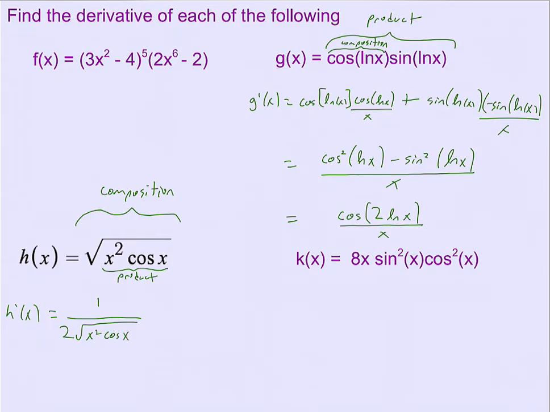times the derivative of the inside, and it's the derivative of the inside where we have to think about the product rule. So that's the derivative of the first times the second plus the derivative of the second times the first.